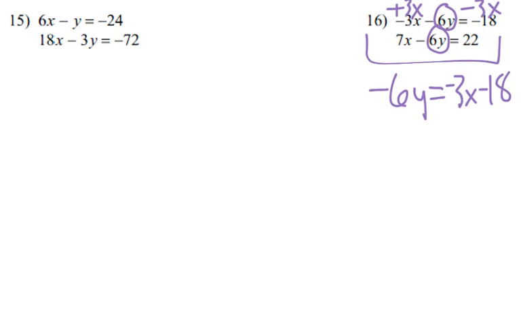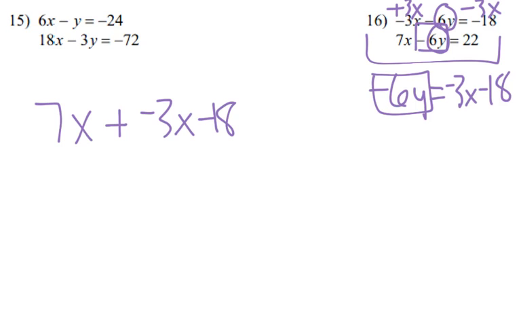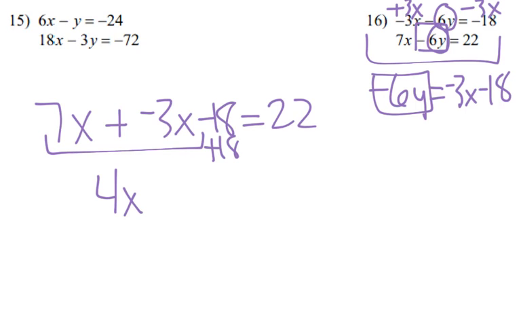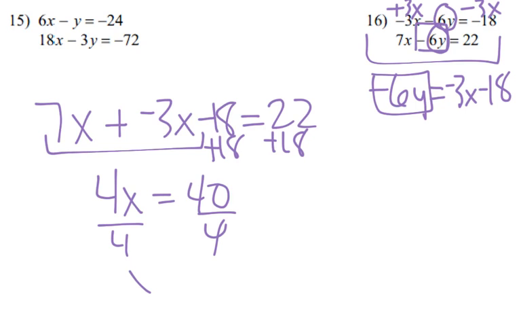So I can substitute in for that negative 6y. So it would be plus negative 3x minus 18 equals 22. Combine those, we get 4x, add 18. We would get 40, divide by 4, and x would equal 10.